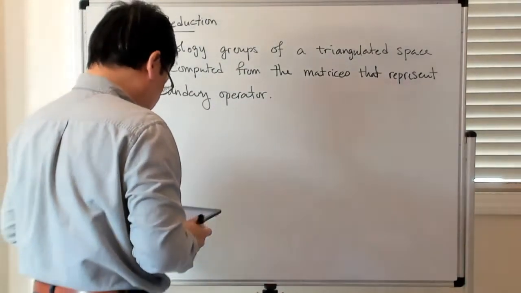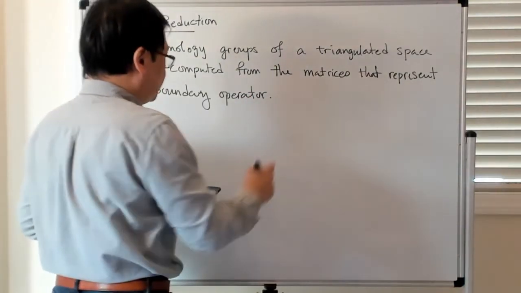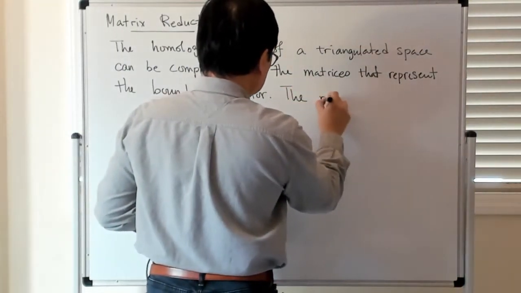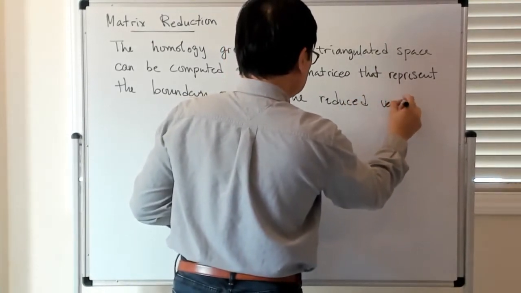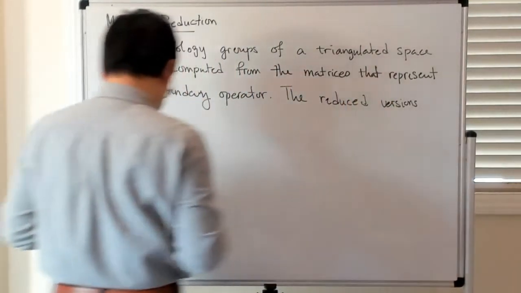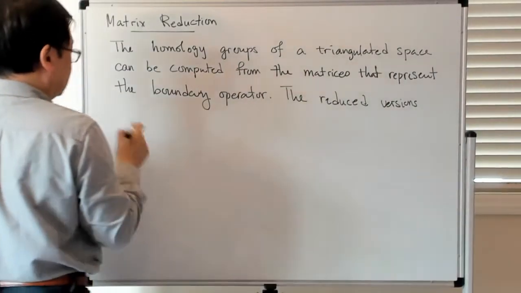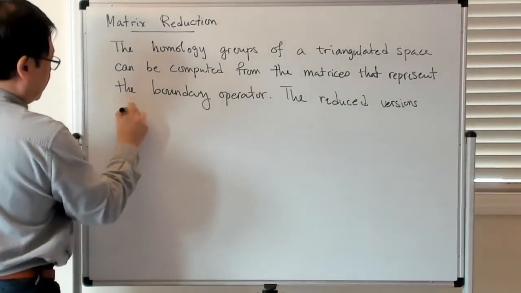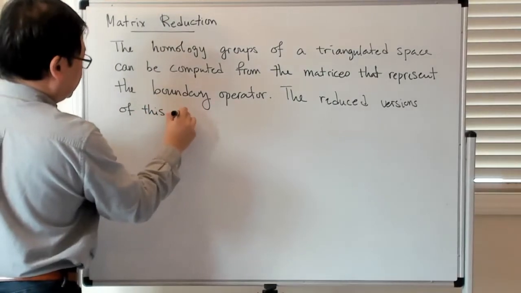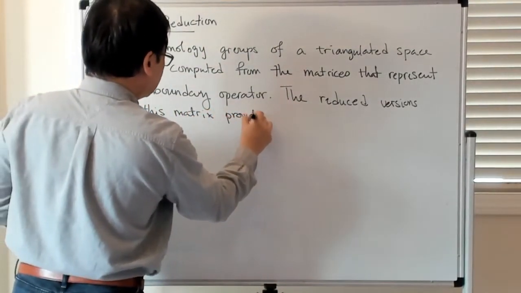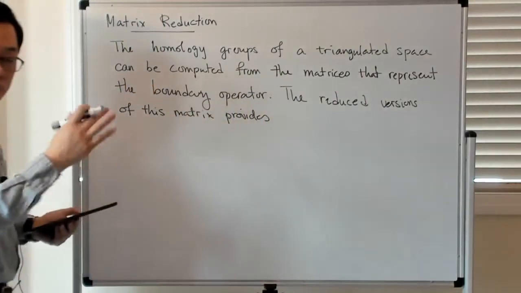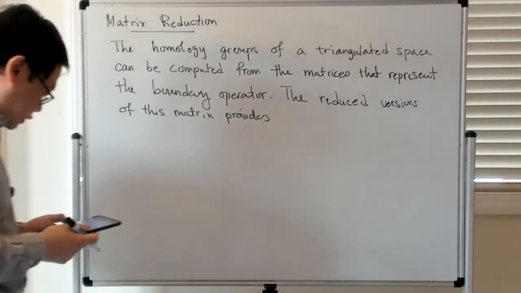Okay. So the reduced versions, if you will, of this matrix provide, well, actually matrices, because there's a matrix for each of the boundary operators, right?